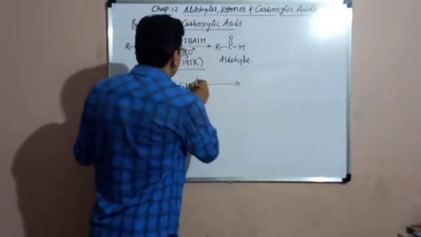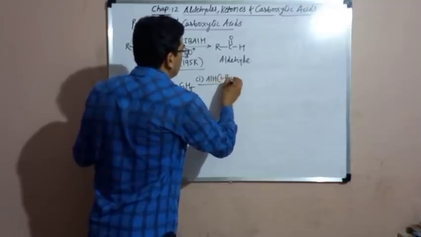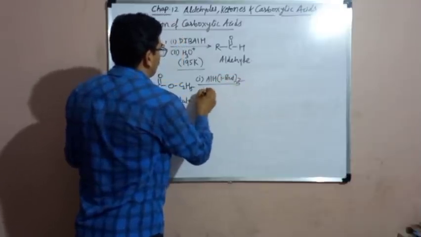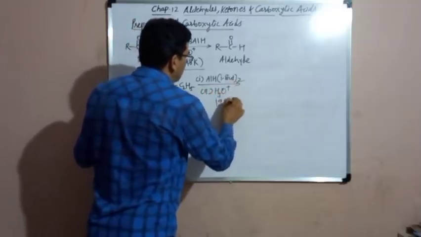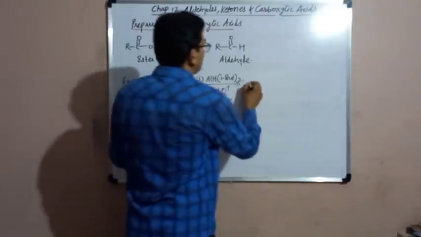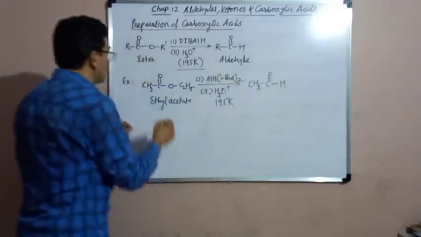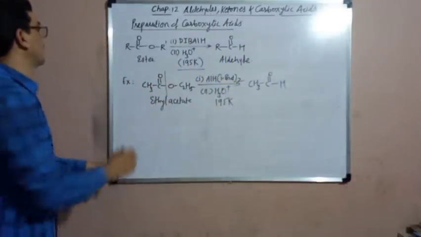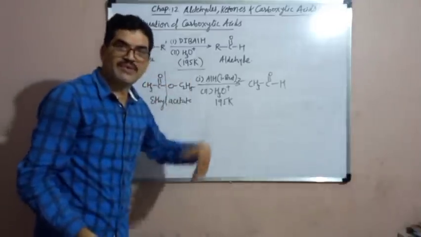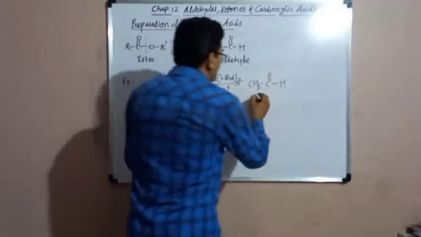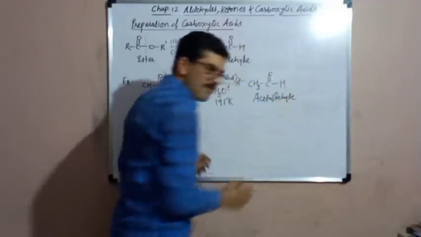When it is reduced by diisobutyl aluminium hydride, followed by acidic hydrolysis at 195 Kelvin, it will give acetaldehyde, CH3CHO. So this portion is converted into the aldehyde, and the right hand portion may convert into the alcohol. So this is the acetaldehyde. So this method was remaining there.